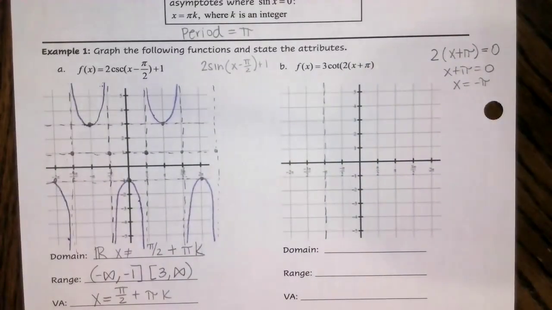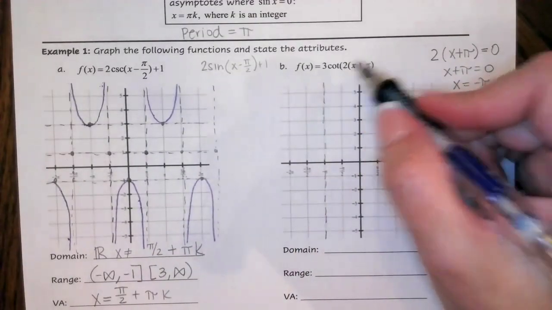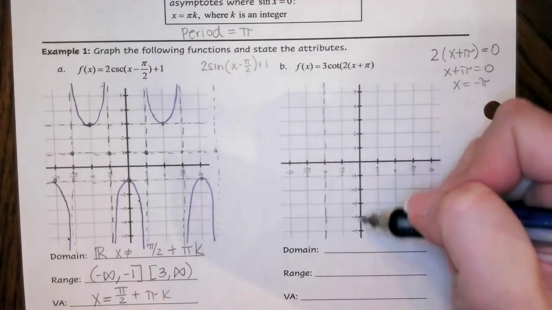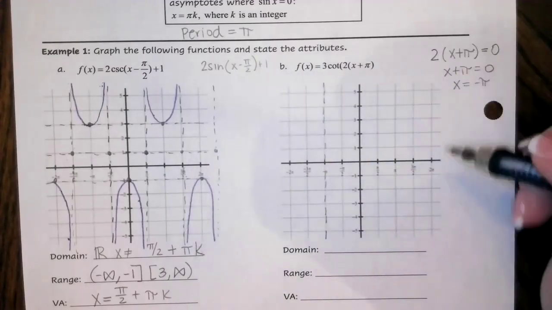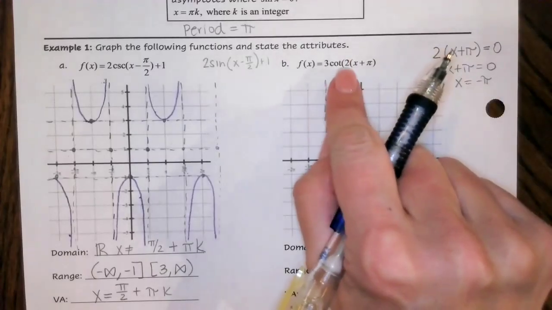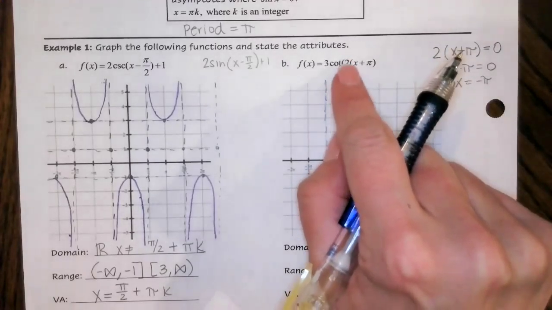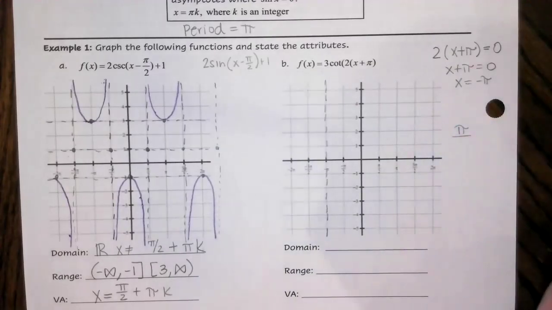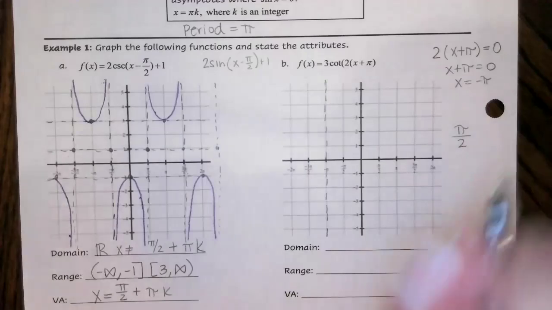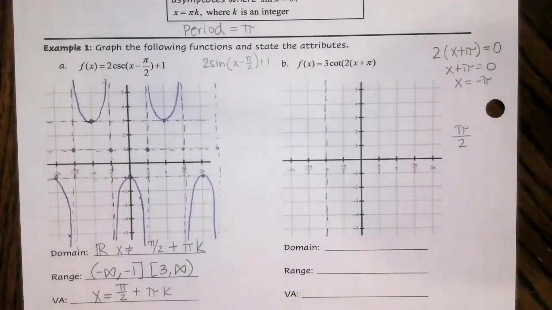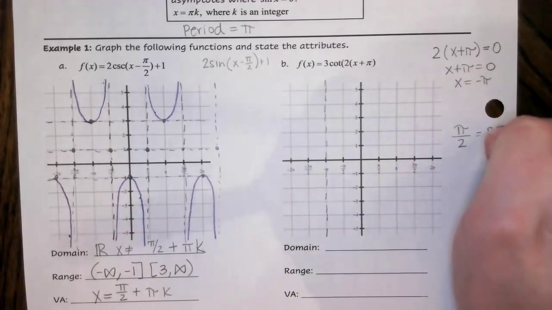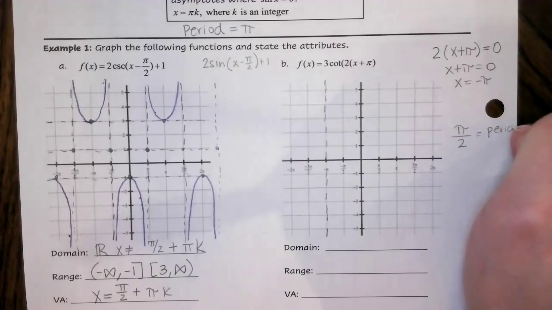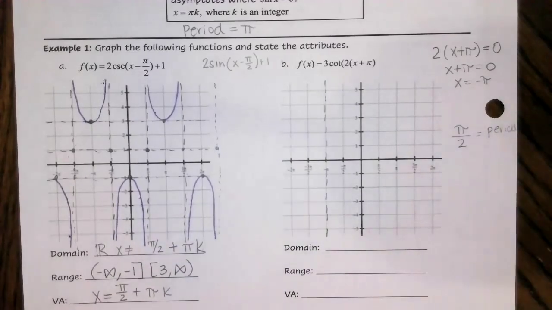Now the regular period is 1 pi, so if there was no b value, my next one would be right here, and then the following one, and so on. But we have changed our period because we have a b value there. So just like with the tangent, I take pi and I divide it by the b value. So the period on this one is pi over 2. That's pretty small, so we're going to have a bunch of graphs here.